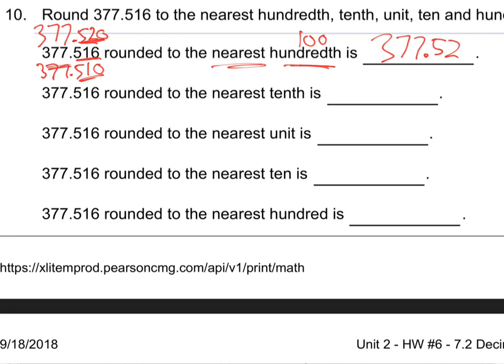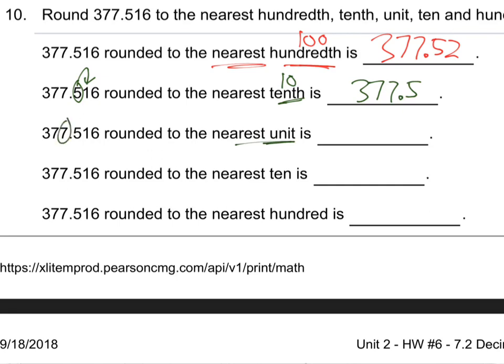So, okay, how about the next one here? We're supposed to round to the nearest tenth. The 10 is just 1 0, 1 place to the right. That's the tenths place. Look 1 to the right of that, it's a 1, just leave it. 377.5. Nearest unit, units means the ones place. Look, again, 1 to the right.